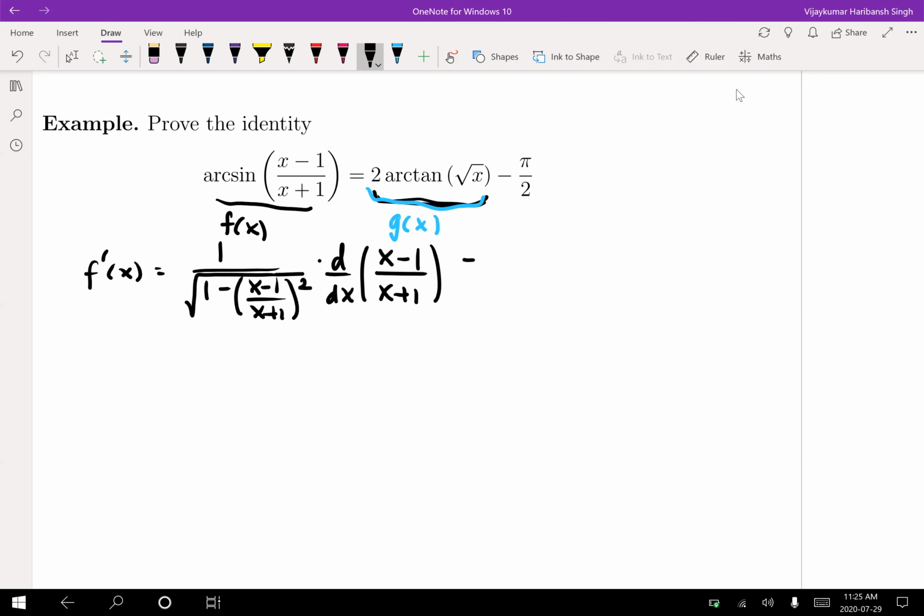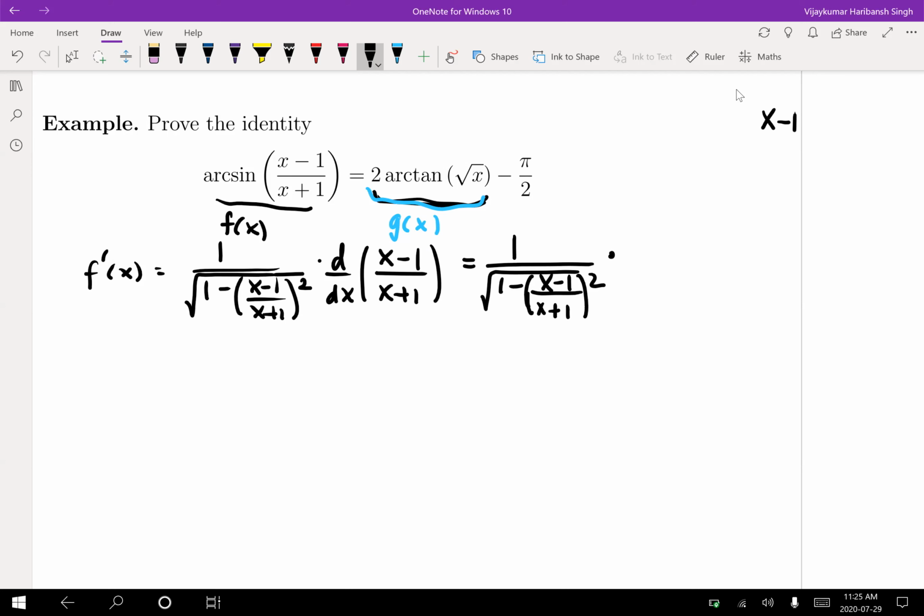So this is going to be 1 by square root of 1 minus (x minus 1 upon x plus 1) squared, multiplied by, what is the derivative of this?